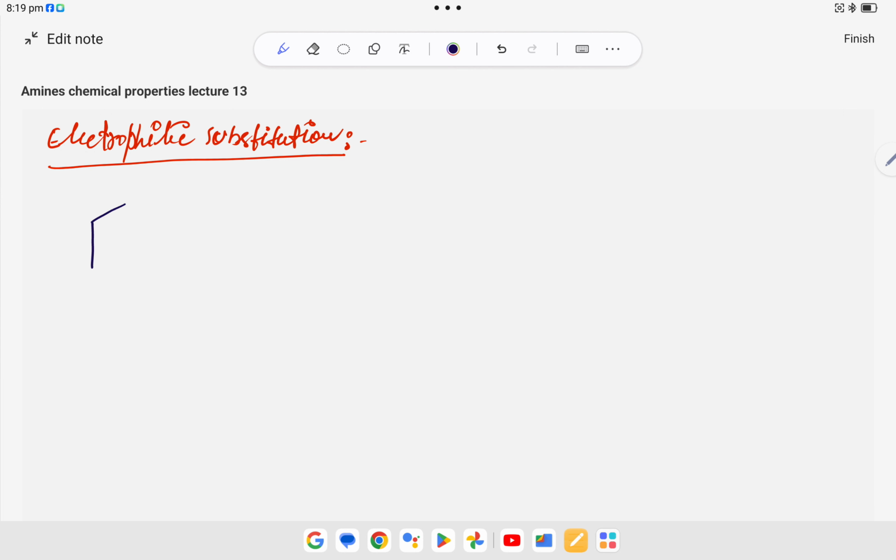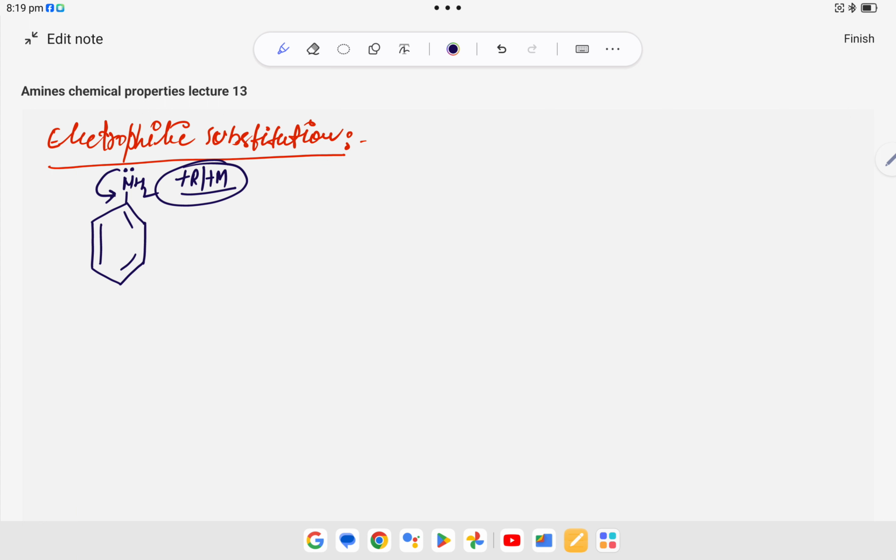So here this is our aniline, alternate double bond. Here NH2 is present with a lone pair. So NH2 is showing +R or +M effect. That means it is throwing electrons towards the ring.